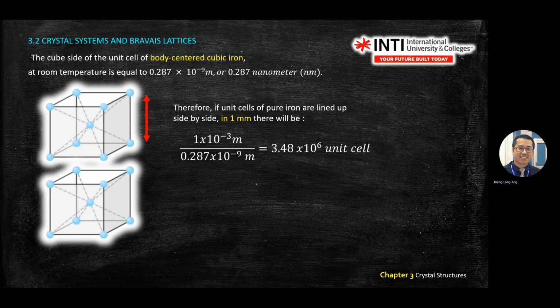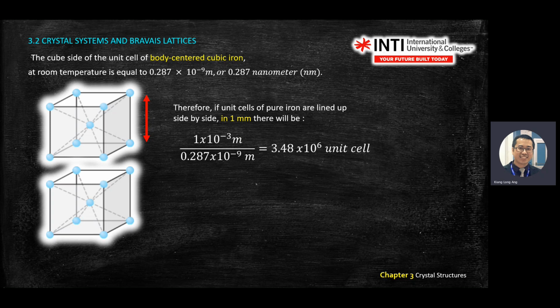So if you're given some parameter, the cube side, for example, 0.28 nanometer, and you take a 1 mm by 1 mm by 1 mm volume of that particular metal, how many unit cells can you form?